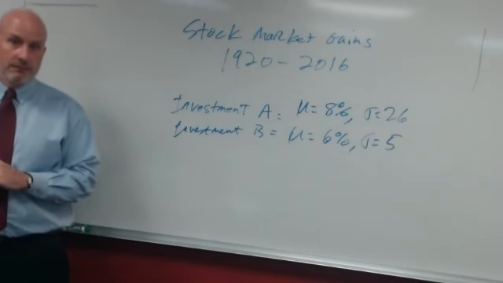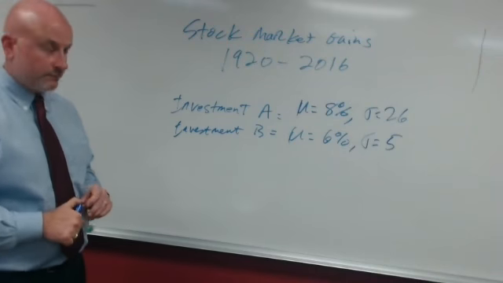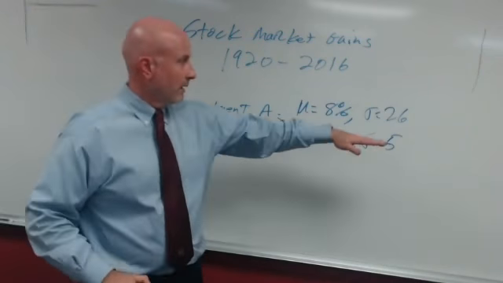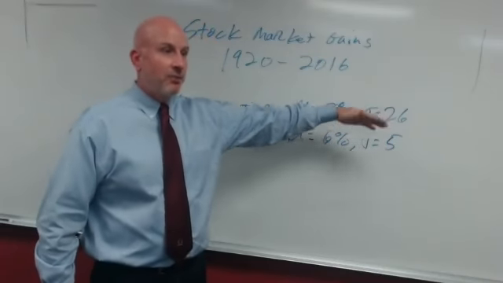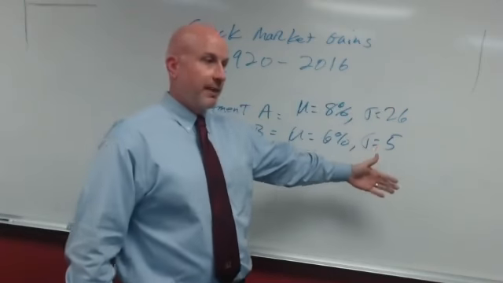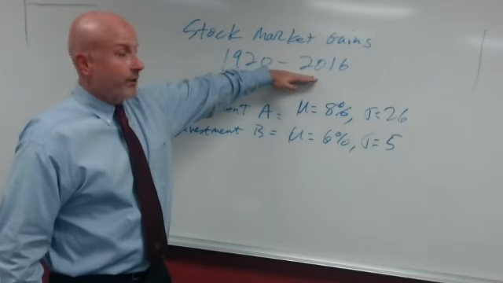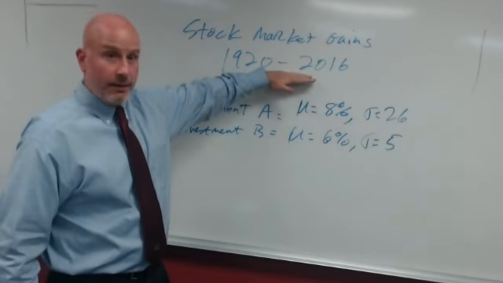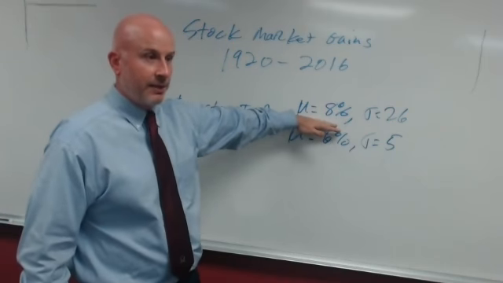A is riskier. Why? Because the standard deviation is way higher. It means there's more room between the mean and the outside edges. In this case, I'm using the standard deviation as a measurement of volatility. I'm saying to the potential investor, over the course of this time period, this investment produced an average annual return of 8%.